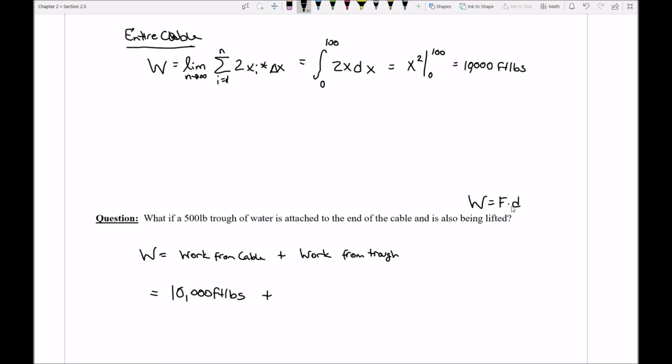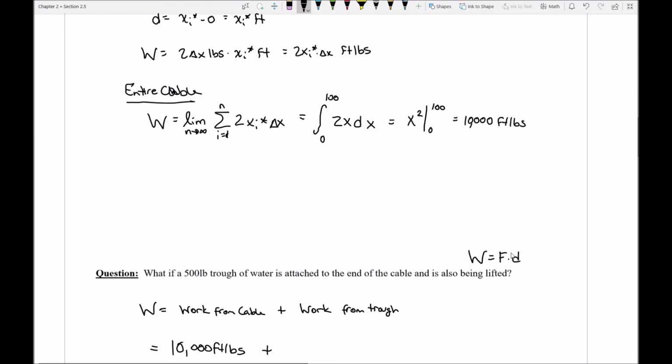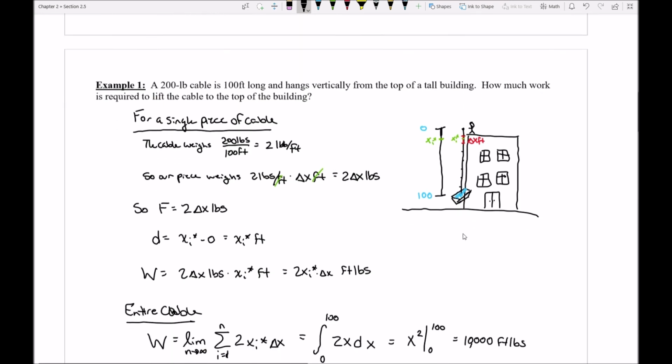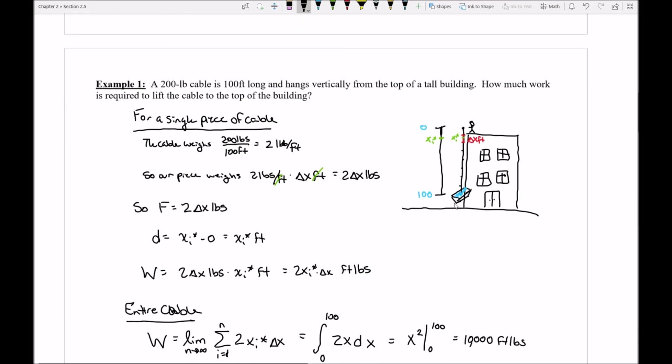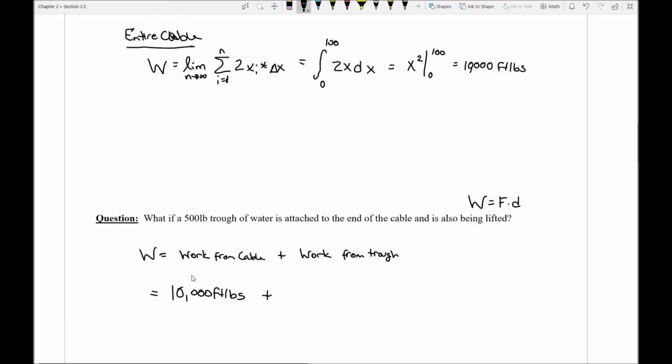So I can ask myself two questions. First, how far am I going to have to move that trough to get it to the top of the building? Well, if it's at the end of the chain, it's got to move 100 feet. So I automatically have my distance. How much force am I going to need in order to push or pull on that object to get it to move? Well, if the object weighs 500 pounds, which is a measure of force, I would need to push or pull on it with 500 pounds to get it to move.